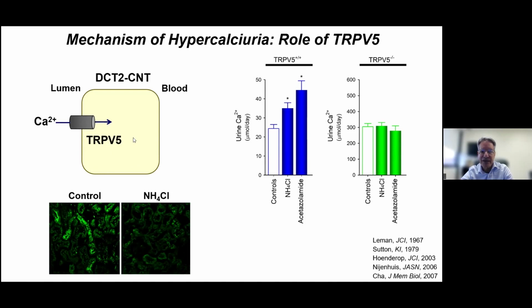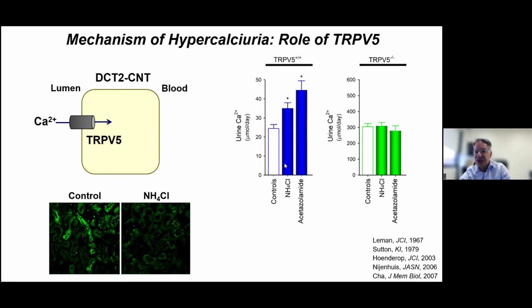So this is the mechanism for the hypercalciuria. It's not bone leaching. It's a direct renal tubular transport defect. And that's in fact what occurs also in any metabolic acidosis. There might be some bone leaching of calcium, but there's a direct pH effect on renal tubular calcium absorption by TRPV5. That's what you need to remember.